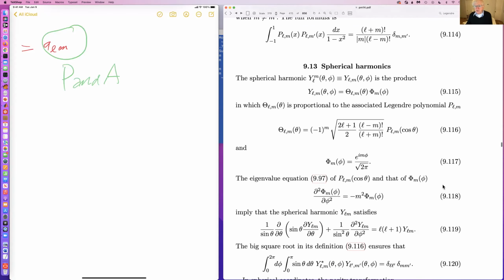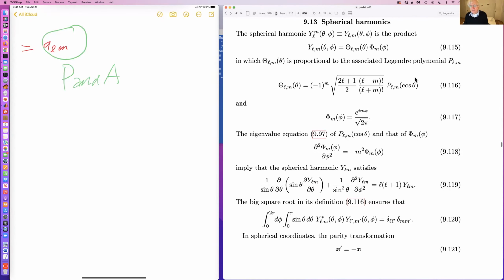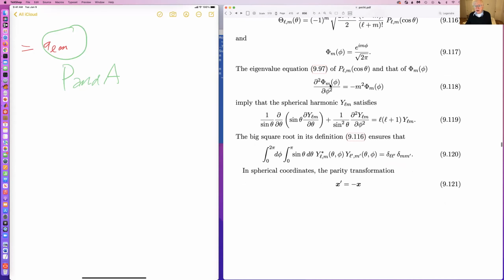The spherical harmonics, well, these are defined, these are called Y_L^M, and they're the associated Legendre function times an e to the im phi multiplied by a square root of combinatorics. So there's e to the im phi over root 2 pi, and then the big capital Greek theta is this combinatoric factor times P. And obviously the phi component satisfies this equation.